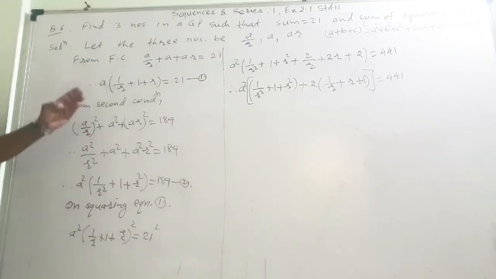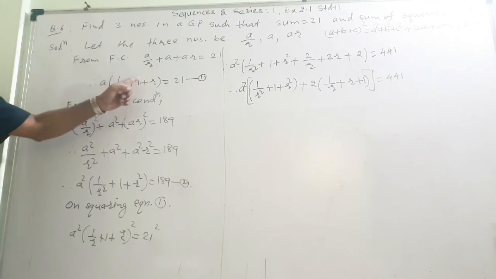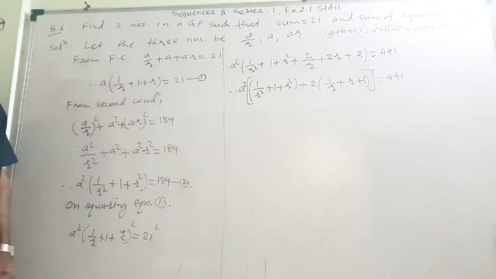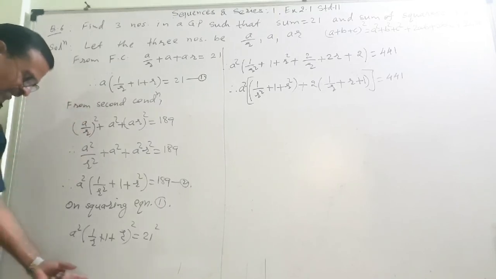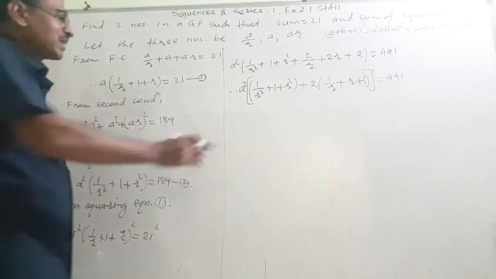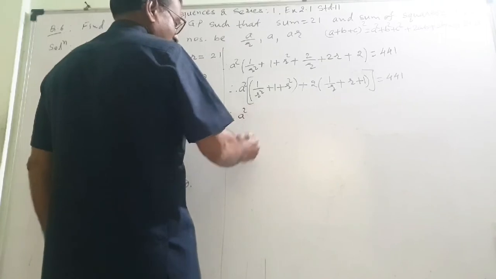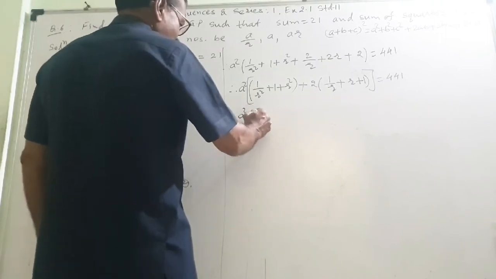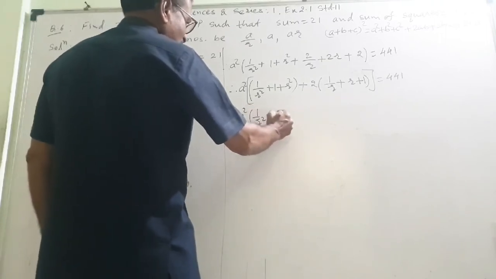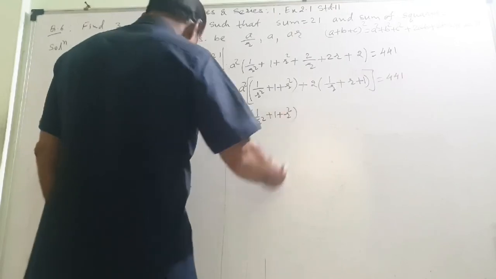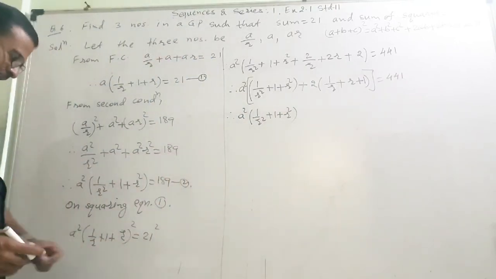Now check all your equations. So this 1 upon R plus 1 plus R, we have something for this. This is only A square, that's it. So out of this, A square and this I will write here. Therefore, A square into 1 upon R square plus 1 plus R square. This much part value I have.